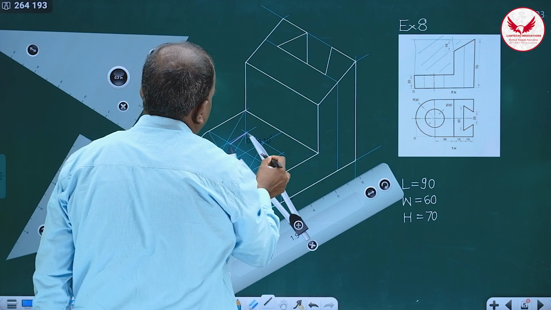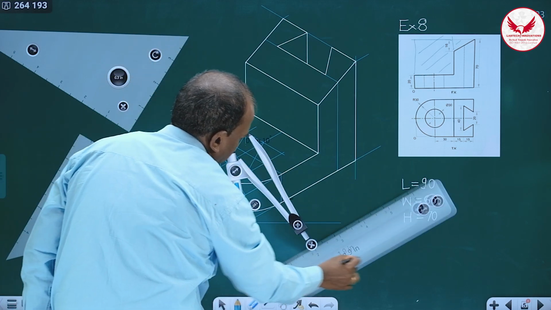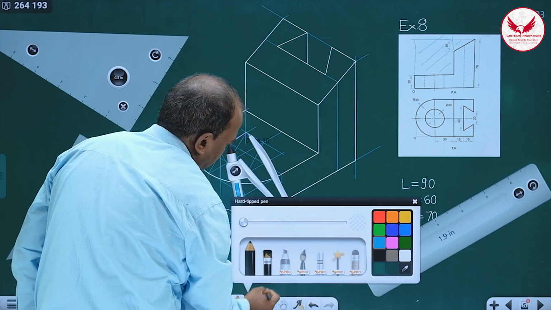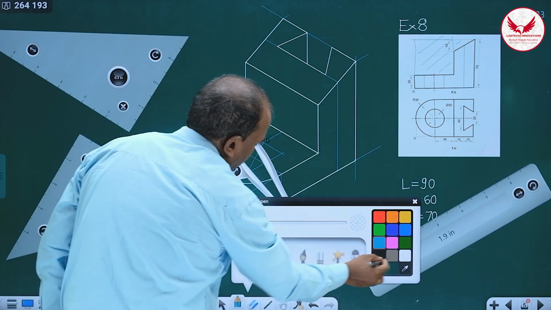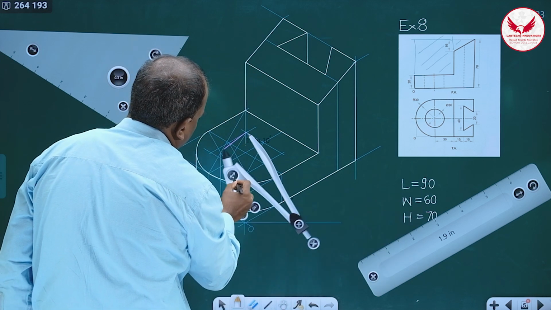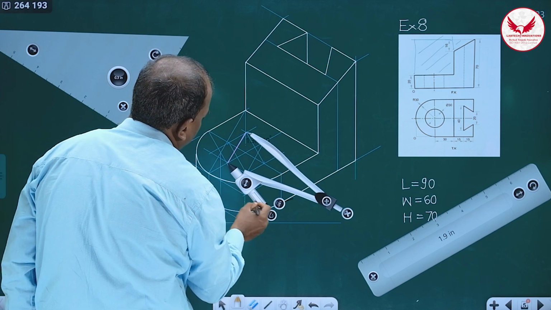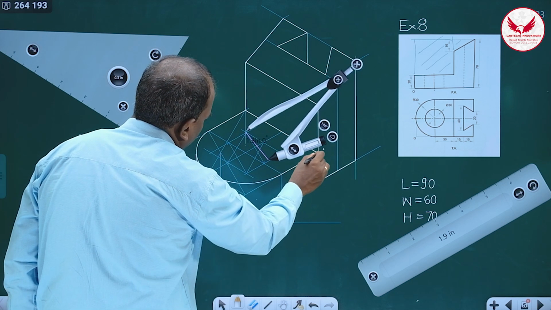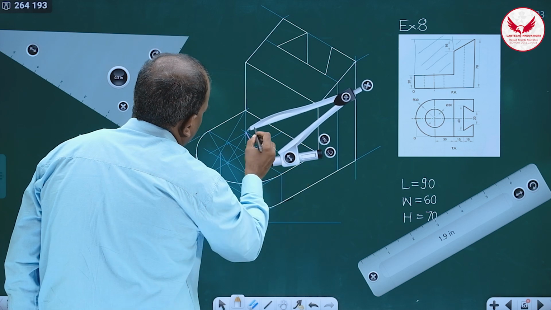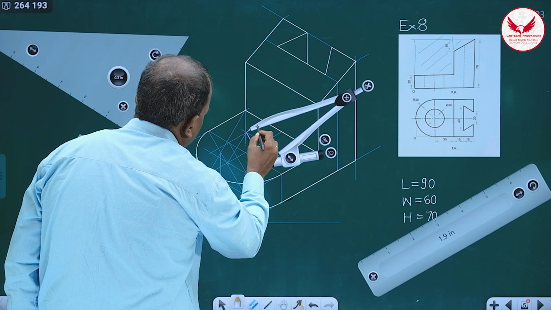How can we draw the ellipse? With this center and radius equal to the midpoint of the opposite side, we'll check whether it is matching. It must match.